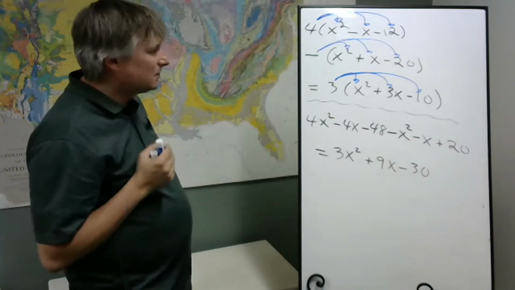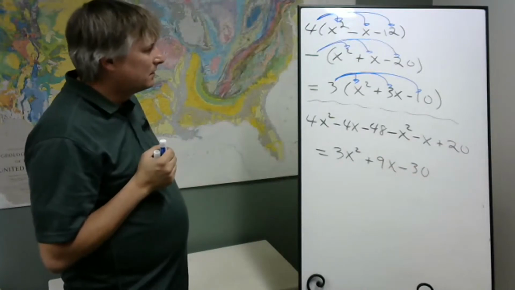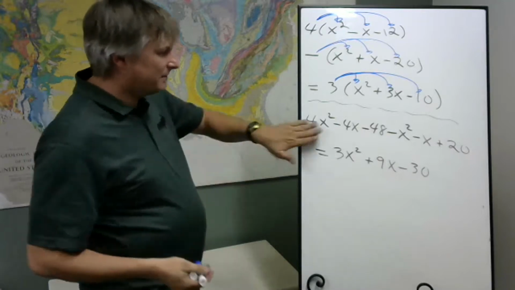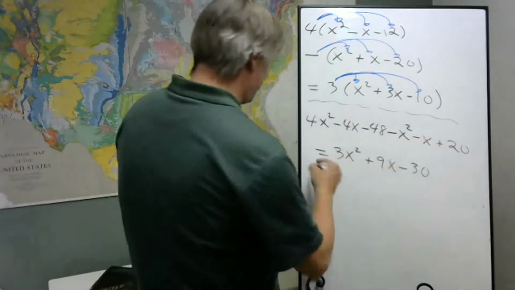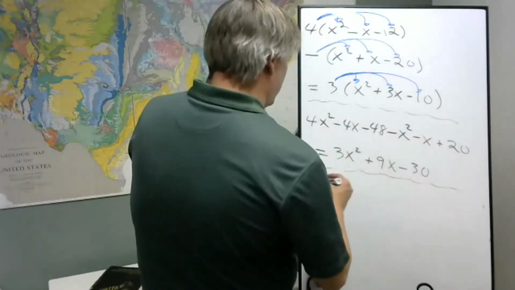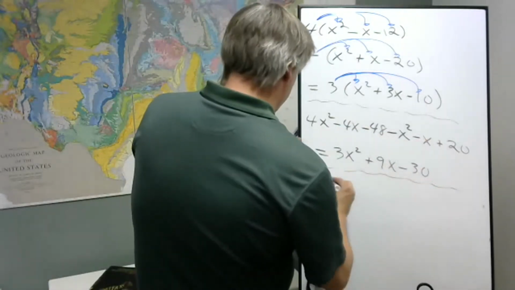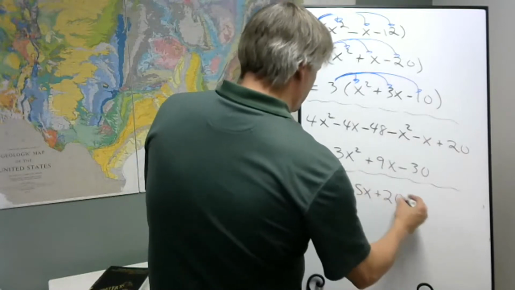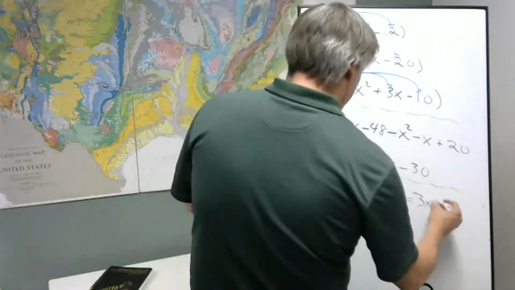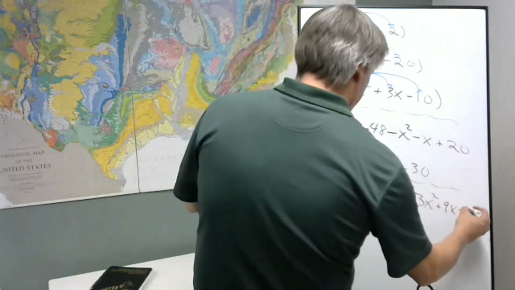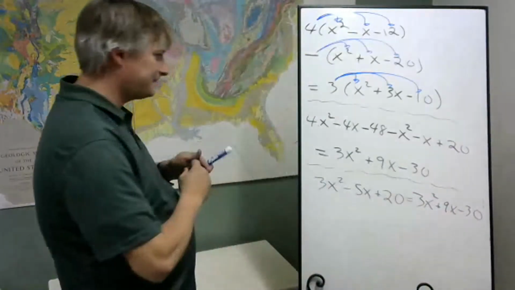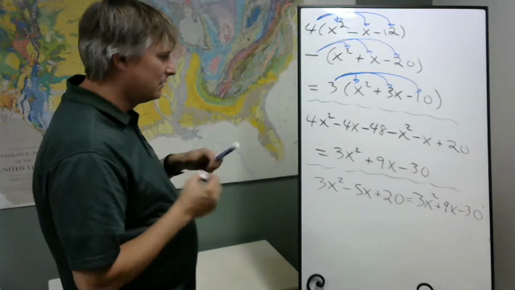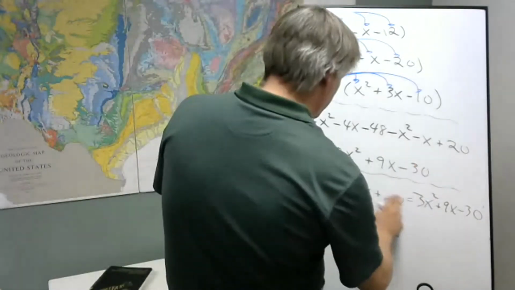So make sure we got our distribution. Okay, we got it. So we can combine like terms here. We'll get 3x squared minus 5x minus 28 is equal to 3x squared plus 9x minus 30.